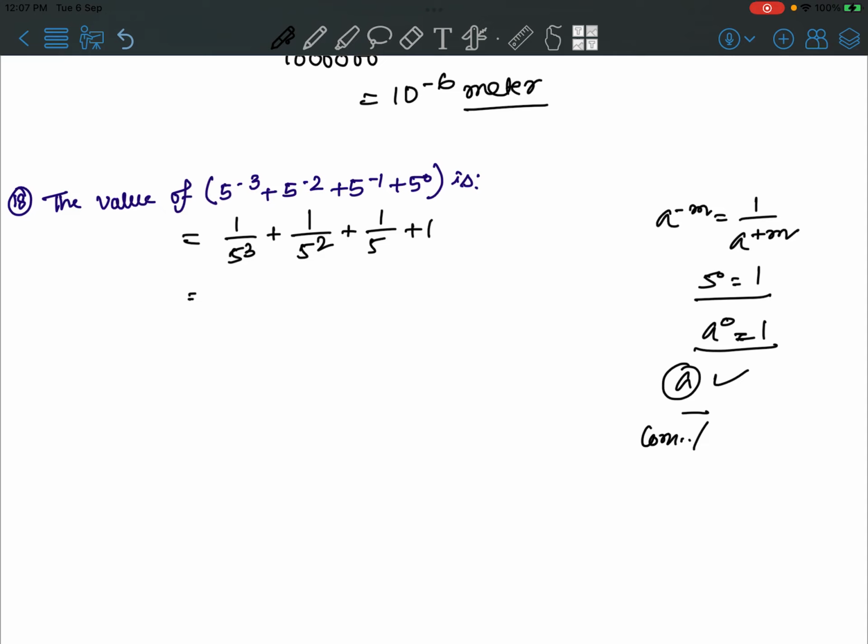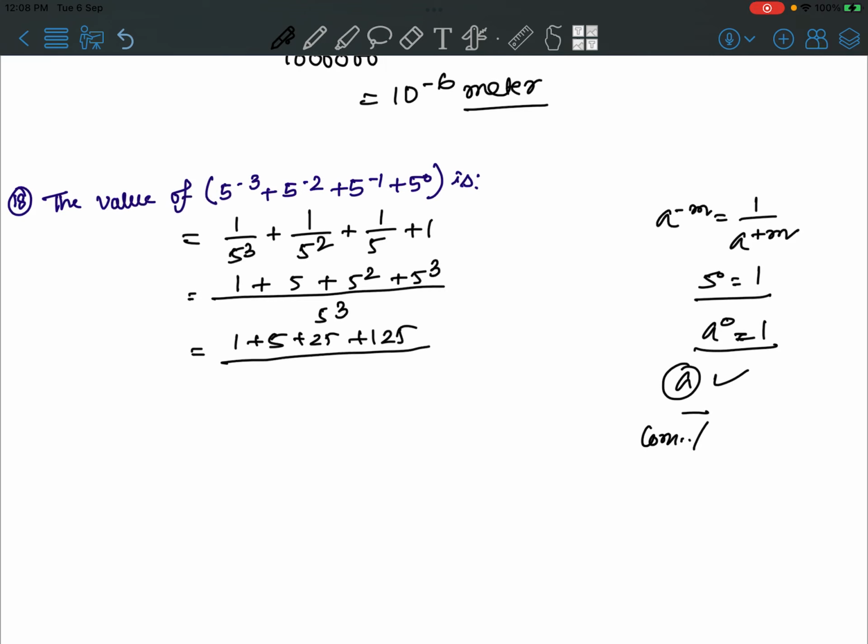What are we going to get after LCM? After LCM we are going to get 5 cube. 5 cube means that is 1, that is 5, that is 5 square and 5 cube. We can write it as 1 plus 5 plus 25 plus 125 divided by 125.